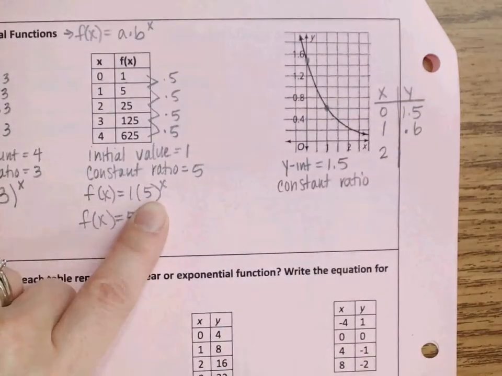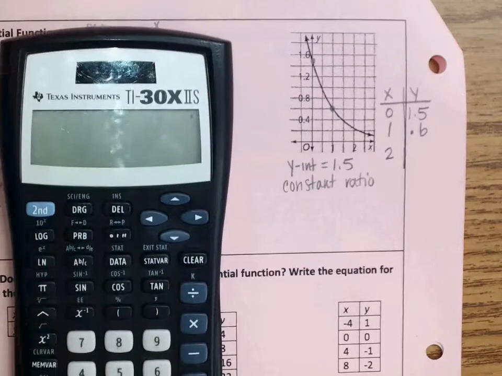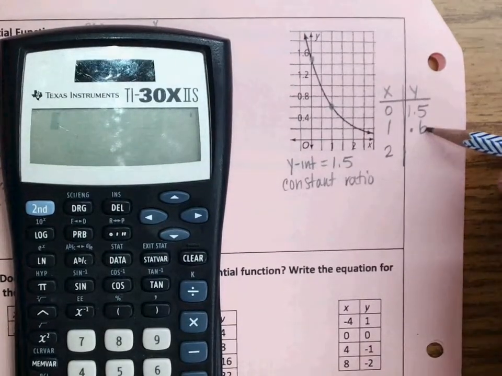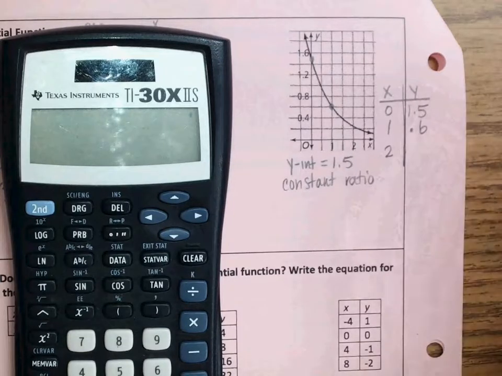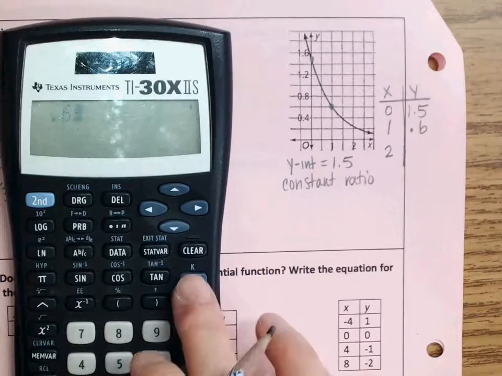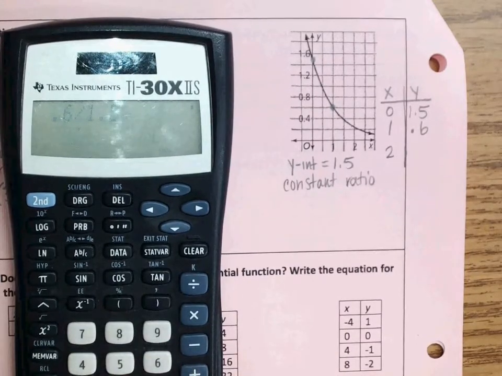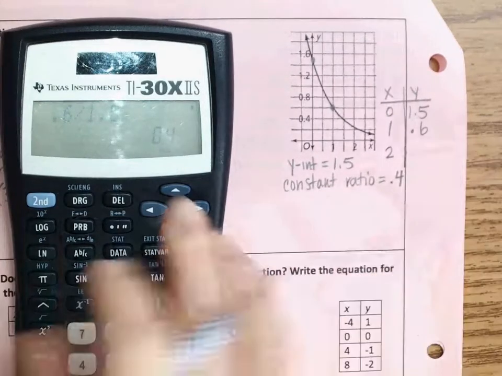And for this one, just like how we did for geometric sequences, we use the term and divide it by the previous term. So 6/10 divided by 1.5, we get 4/10.